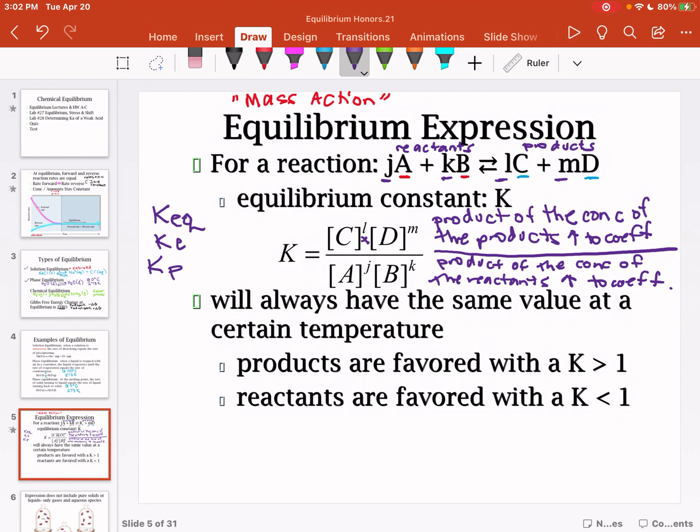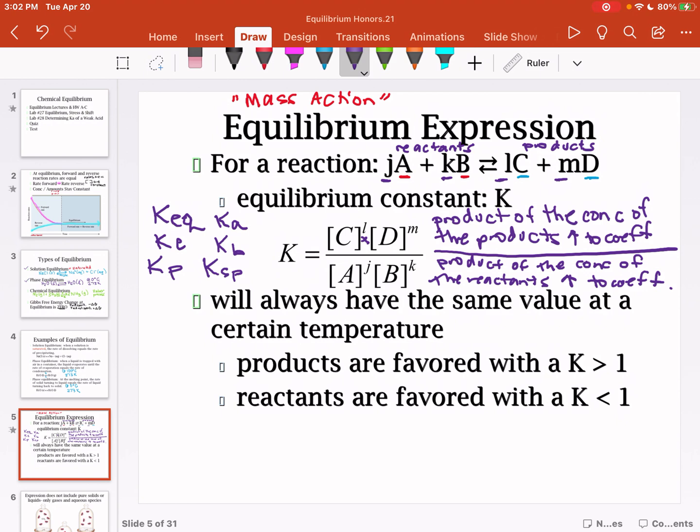I can also have an equilibrium constant expression for a weak acid, called Ka, one for a weak base, called Kb, or one for a saturated solution, which is called Ksp, the solubility product constant. We're going to go through all of these at some point during this unit.